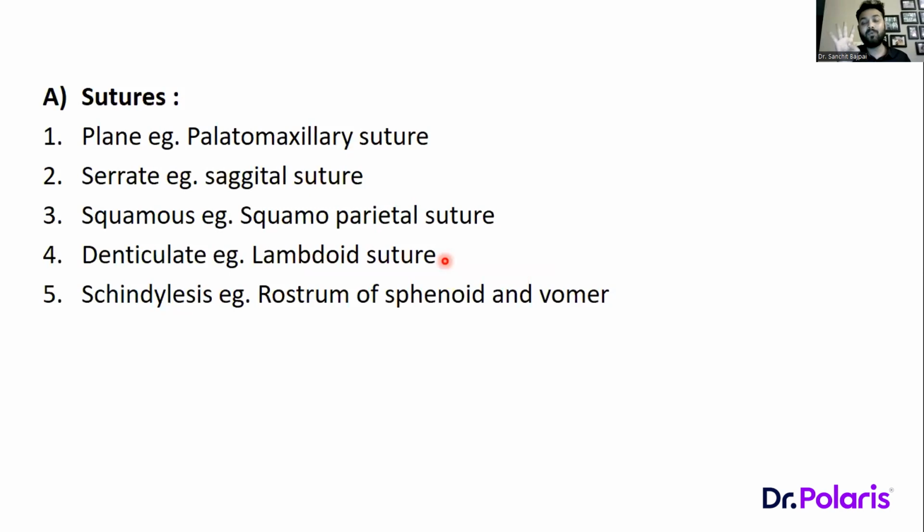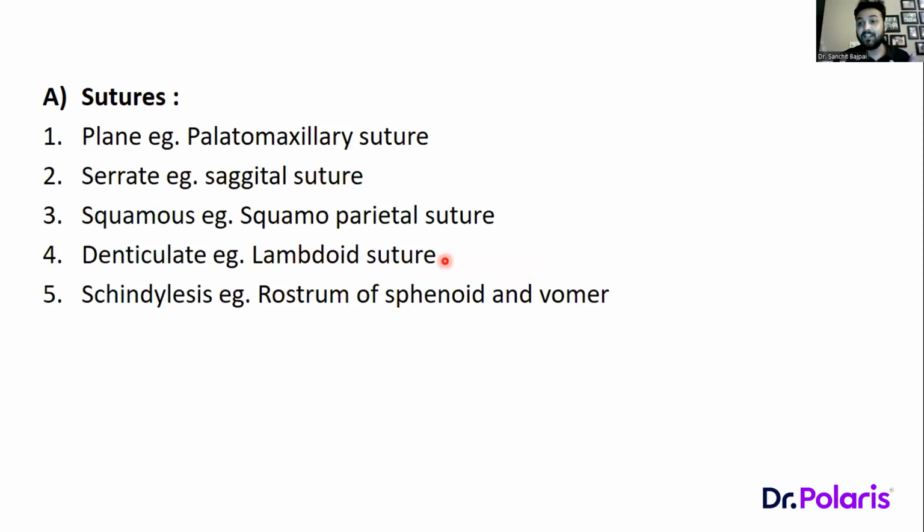Now I'm going to tell you what exactly the MCQ has come in your examinations. Very, very, very hit question. What is that MCQ? What is shin dialysis? Shin dialysis is nothing. It is something where you have got something like a socket and you have a key. If that key fits into that socket, that particular arrangement is called shin dialysis.